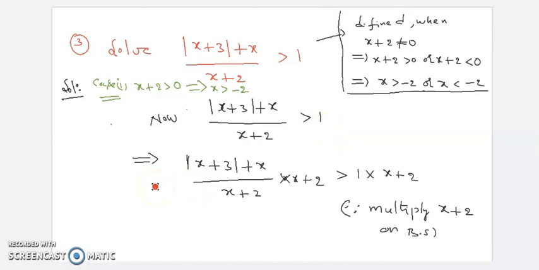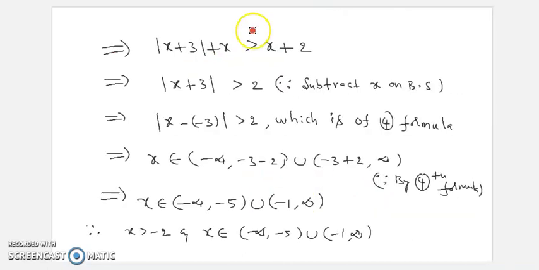Implies modulus of x plus 3 plus x by x plus 2 into x plus 2 greater than 1 into x plus 2, means multiply x plus 2 on both sides of the inequality. Now we have modulus of x plus 3 plus x greater than x plus 2. Now we are going to subtract x on either side. Then we have modulus of x plus 3 greater than 2.